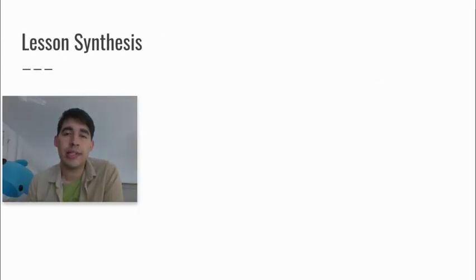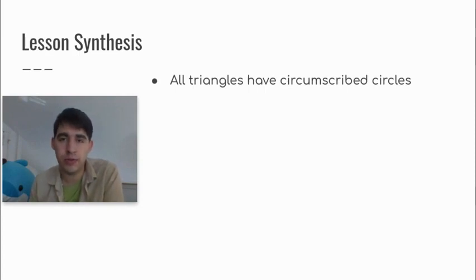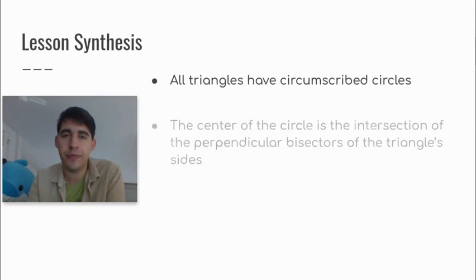So I wish we could have done this lesson with our compasses in class, but I'm really hoping that you were still able to take away these 3 main points. Number 1, that all triangles have circumscribed circles. No matter what the triangle looks like, we can draw a circle around it that goes through all 3 vertices.